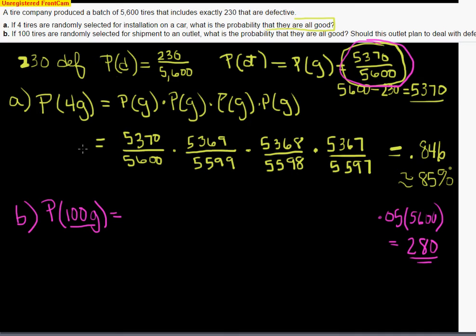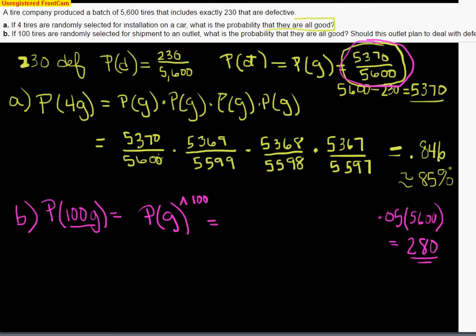Each probability, whether it's the first or the last, will be the same probability as the first one being good. So rather than writing this 100 times, because that's what we'd have to do, we can simply write it as the probability of one good tire to the power of 100. It times itself 100 times. It's the same thing.